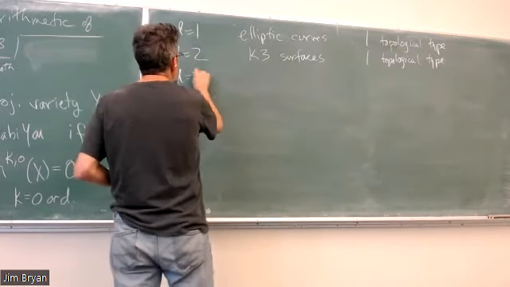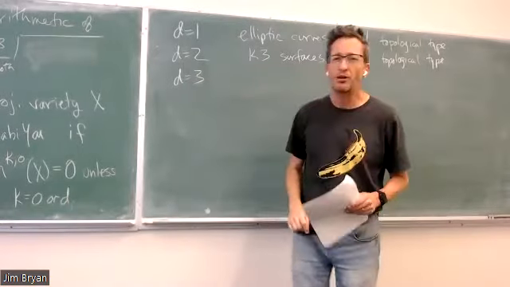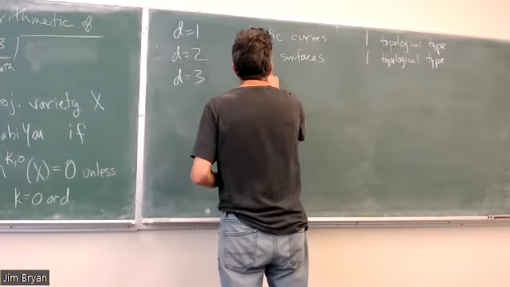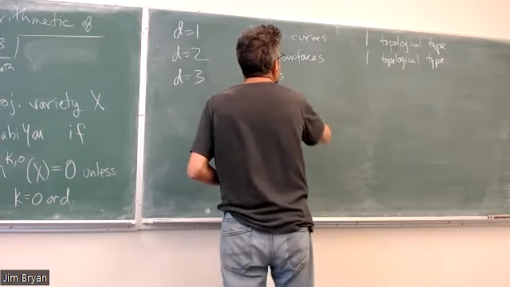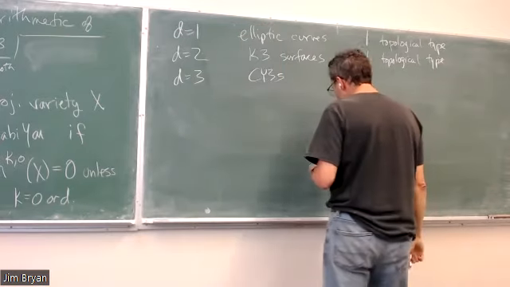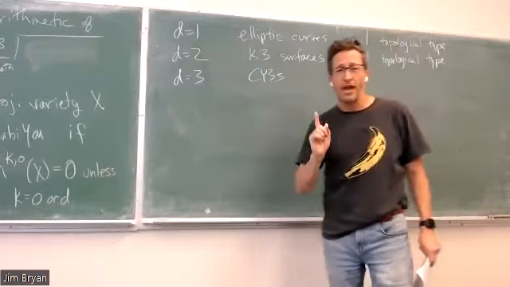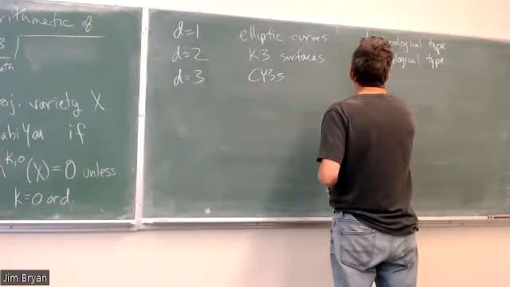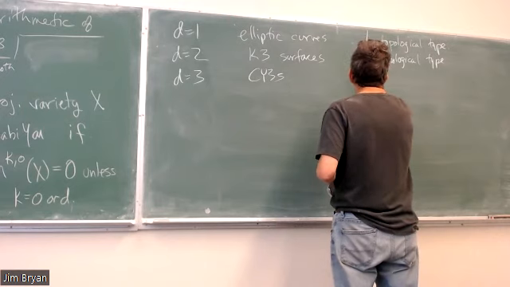So for D equals 3, which is what I'm primarily interested in here, these are, for lack of a better name, Calabi-Yau threefolds, CY3s. And unlike what happens in dimension 1 or 2, this is much larger.